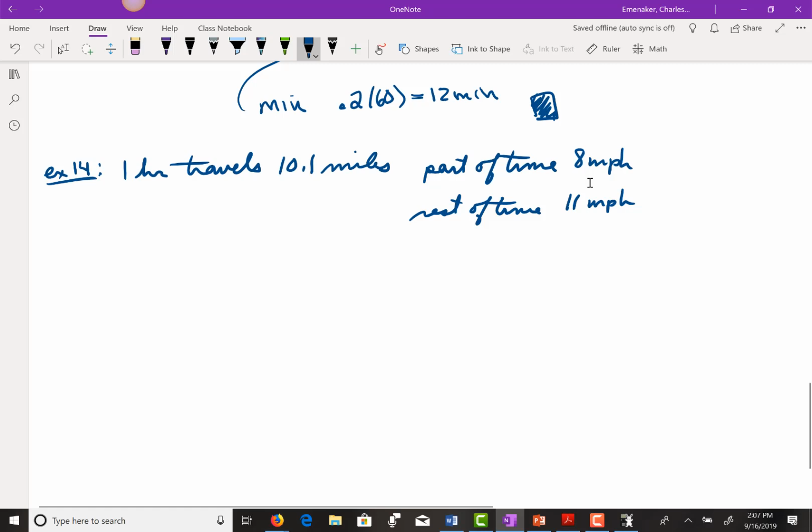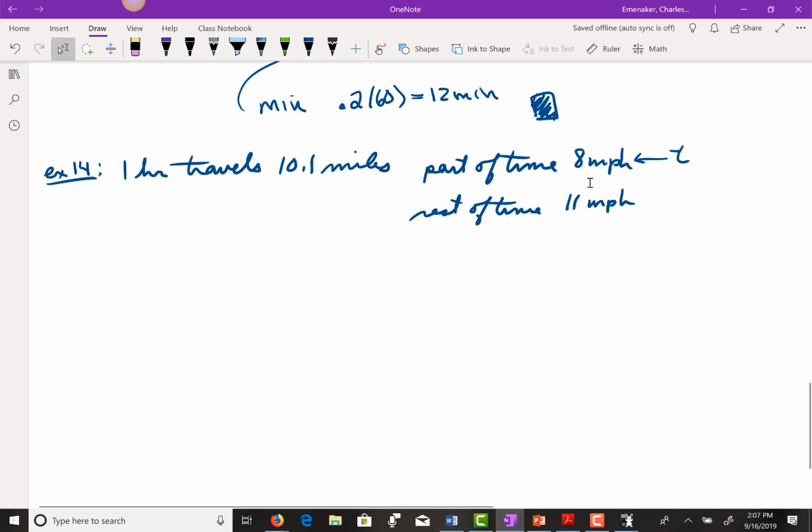Okay, how much of the time was it going 8 miles an hour? As soon as we know how long it was going 8 miles an hour, will we also know how long it was going 11 miles an hour? Let's say it was going 8 miles an hour for 20 minutes. How long was it going 11 miles an hour?